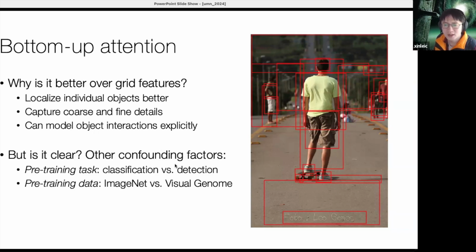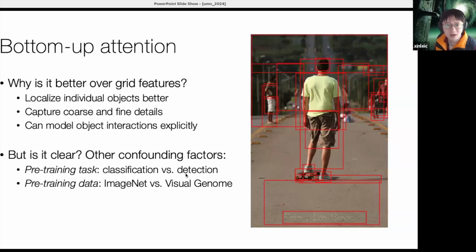But it's actually not that clear because there are other confounding factors that potentially make bottom-up attention work better than the previous generation of non-bottom-up attention features. This is because the pre-training task was different compared to the previous features.